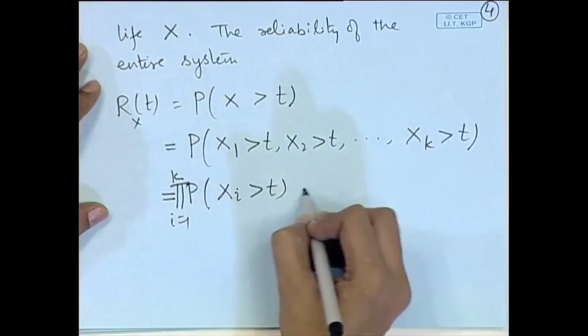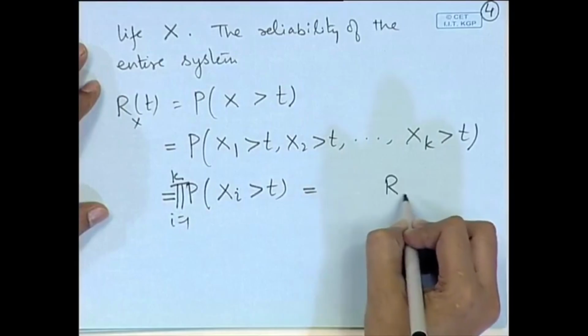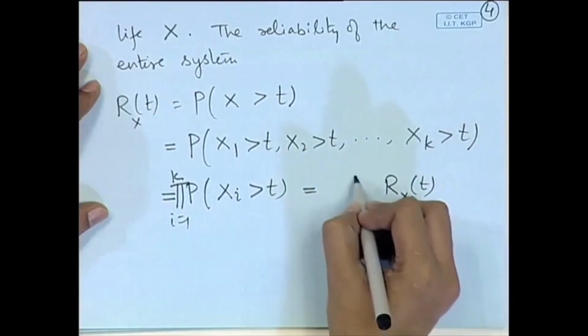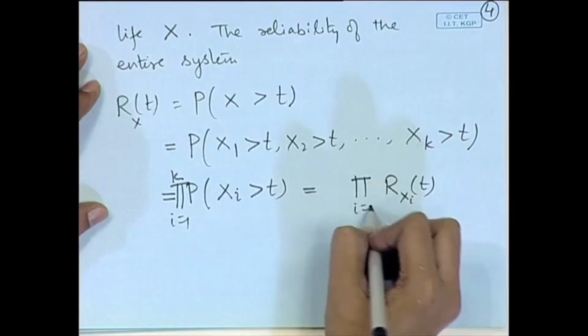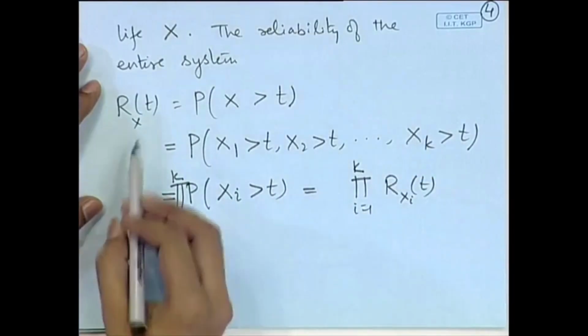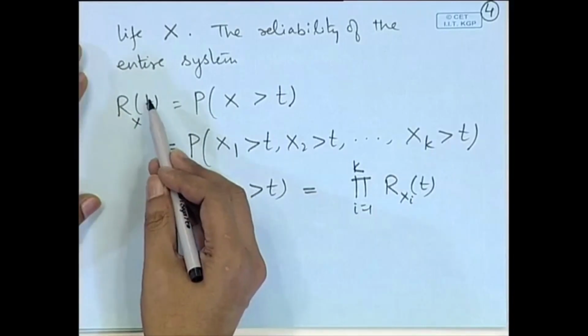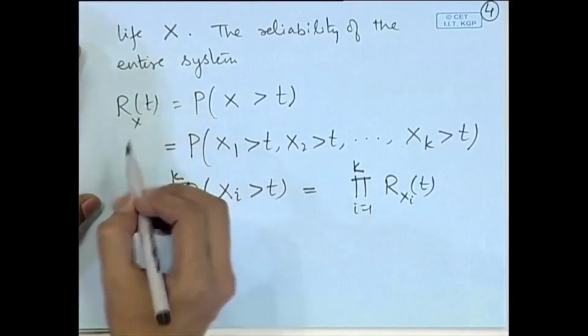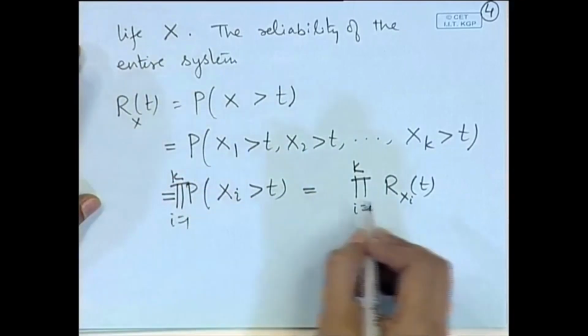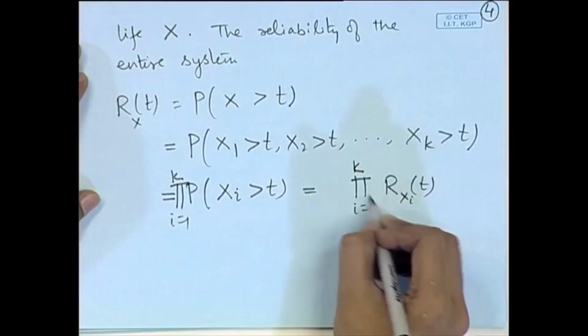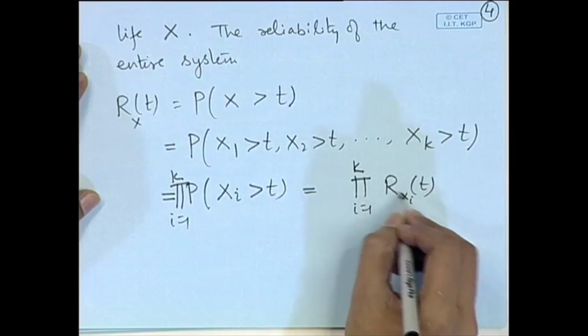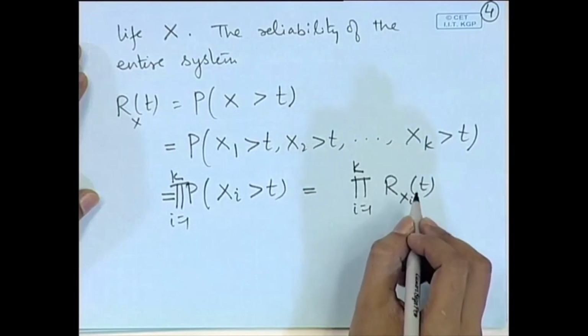Now, this is nothing but the reliability of the ith system. So, what we get here is that the reliability of a compound system which consists of several components connected in a series is equal to the product of the reliabilities of the individual components.